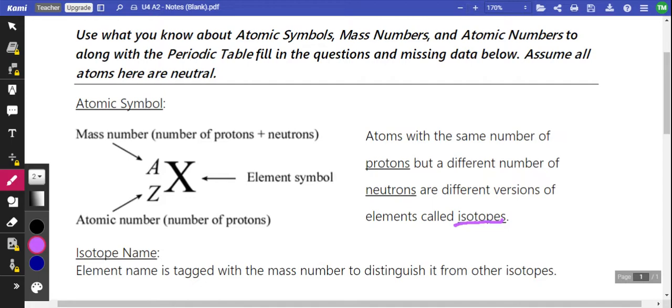Okay, so it's not something we can just predict easily. Instead, we need to work backwards from some tag that we put on that isotope to say this is how many neutrons are in there. Okay, the way that we do that is with something called the mass number, and that mass number either shows up in an atomic symbol or an isotope name.